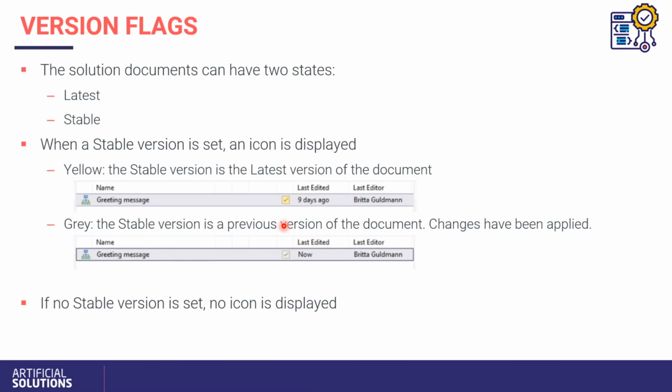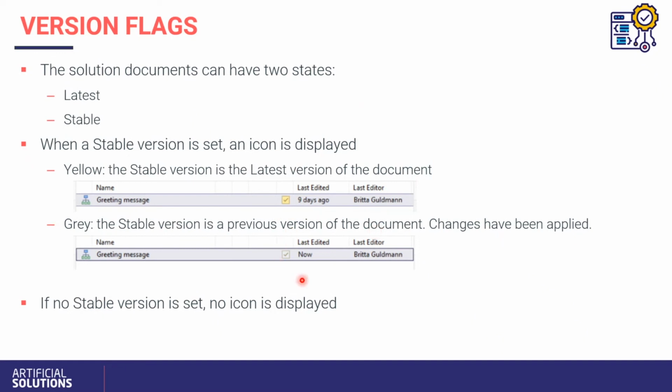As I said, you can have two states, latest and stable. You have to activate them again. So if you do not use it, you will have no icon on your flows. But if you go in and activate it, then you're going to get this little flag here. If it's yellow, it's saying the stable version is also the latest version of the document.